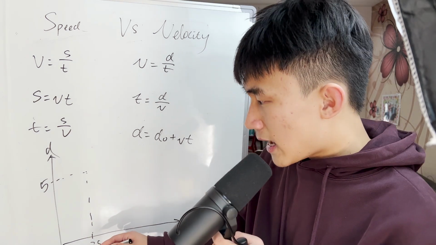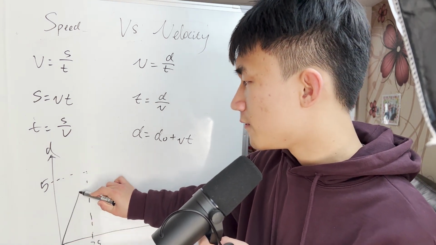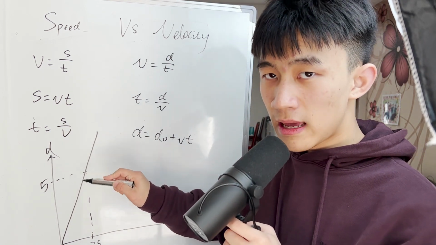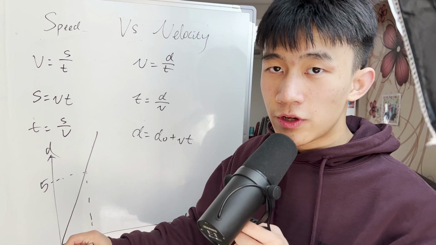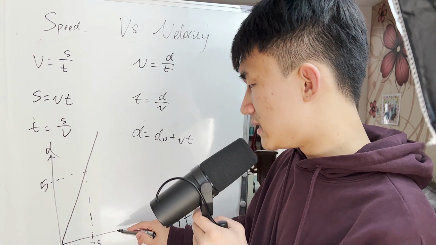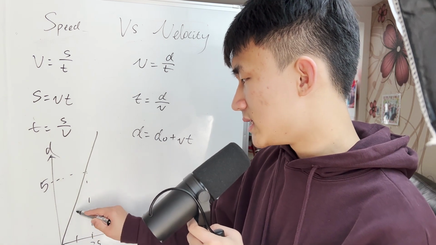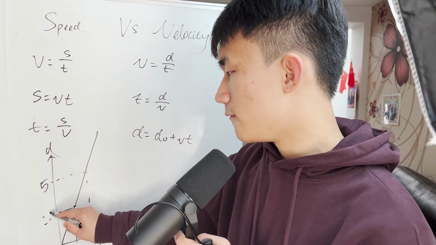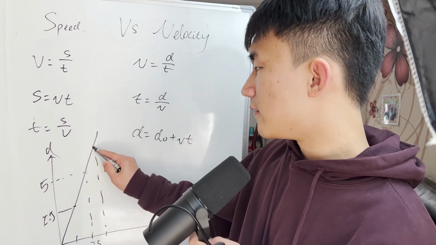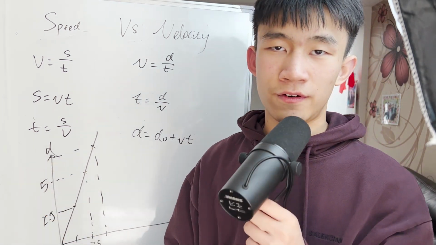And this means I can essentially draw a curve. And this curve will give me the displacement value of an object at every time interval. For example, at t equals 1 second, the displacement will be 2.5 meters. And for any other seconds, I can find the value of displacement on the vertical axis.